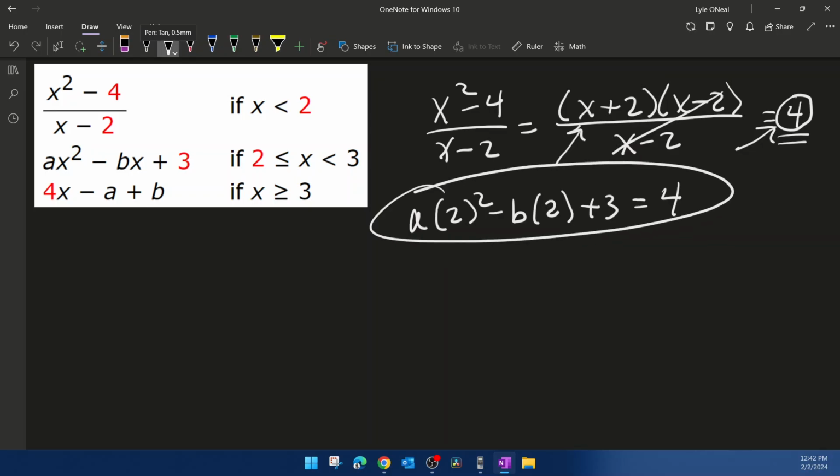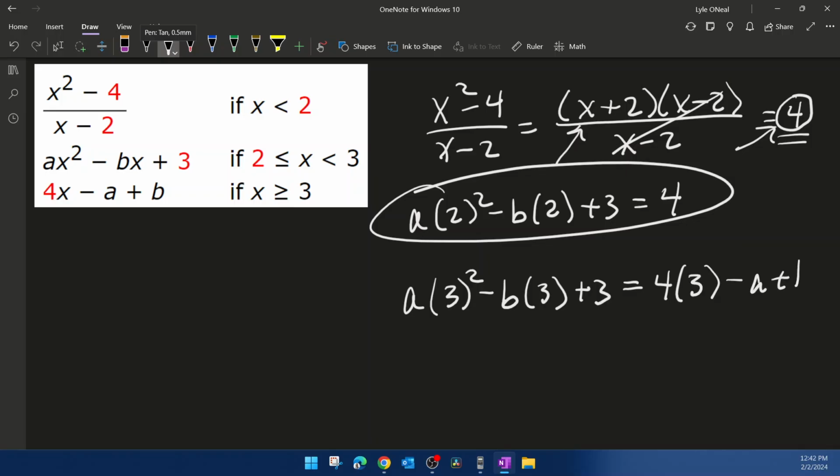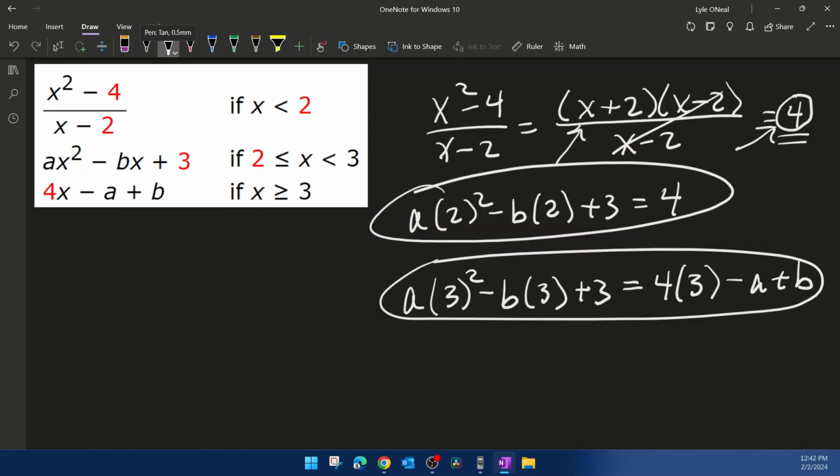Now the second equation is going to occur at the second transition point, which would give us a times 3 squared minus b times 3 plus 3, that has to equal the bottom piece, also evaluated at 3. So we're going to take these 2 equations and we're going to simplify and reevaluate once we get those simplified.